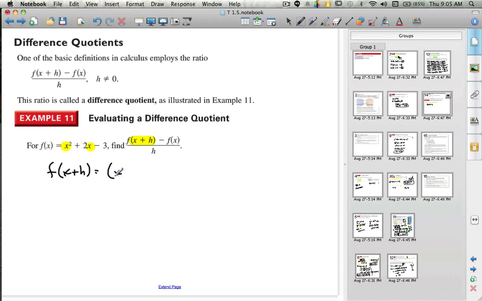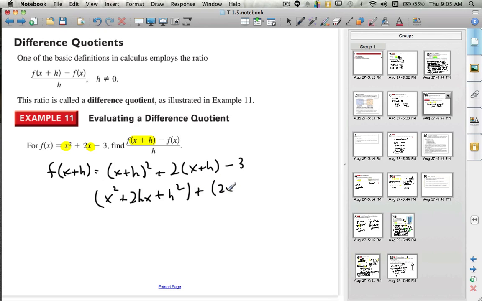I'm going to find f of x plus h. It would be equal to x plus h squared plus 2 times x plus h minus 3. And when I square this, I'll have x squared plus 2hx plus h squared plus 2x plus 2h minus 3.